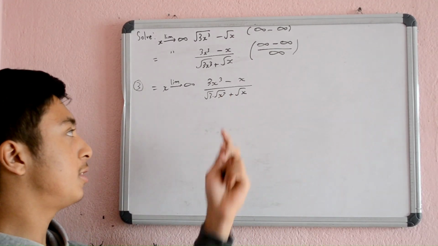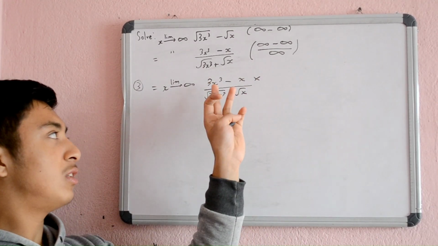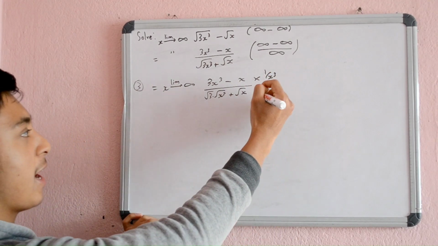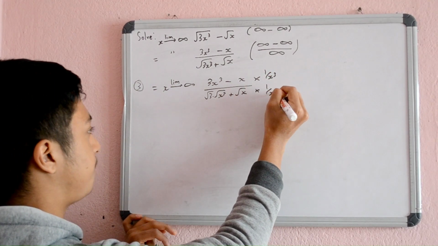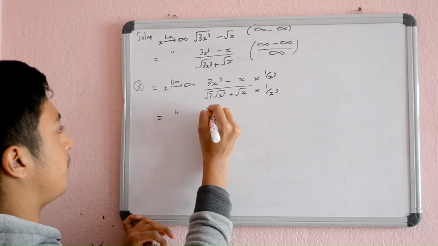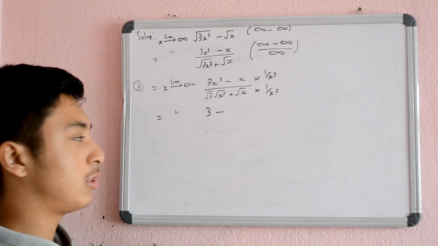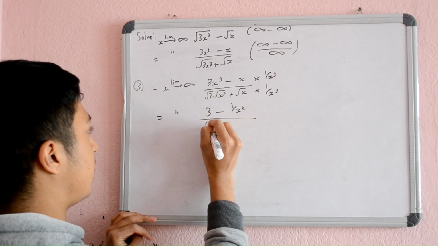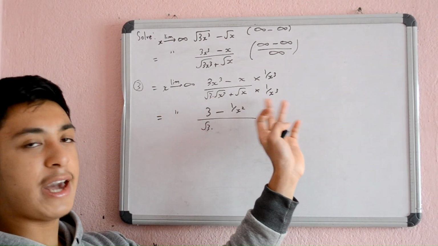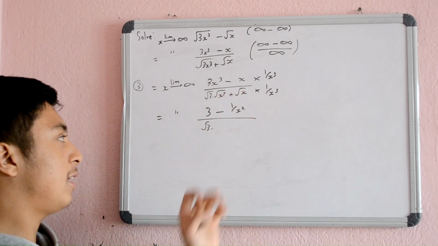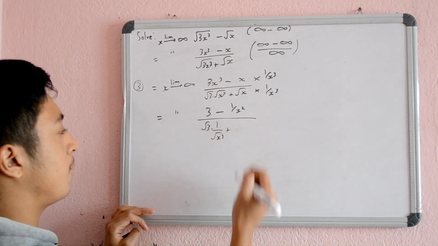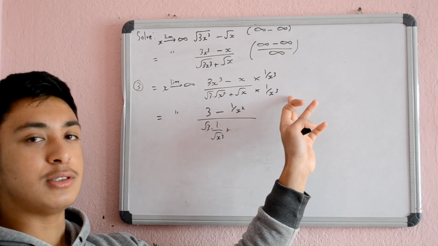And what I'll do first, I don't want to see this x cube. So let's just multiply it with 1 by x cube, and we have to do it below as well. So this just becomes 3 x by x cube, which is just 1 by x square, by root 3 root x cube by x cube. So this is just the square of that. So we get 1 by root x cube plus root x by x cube.